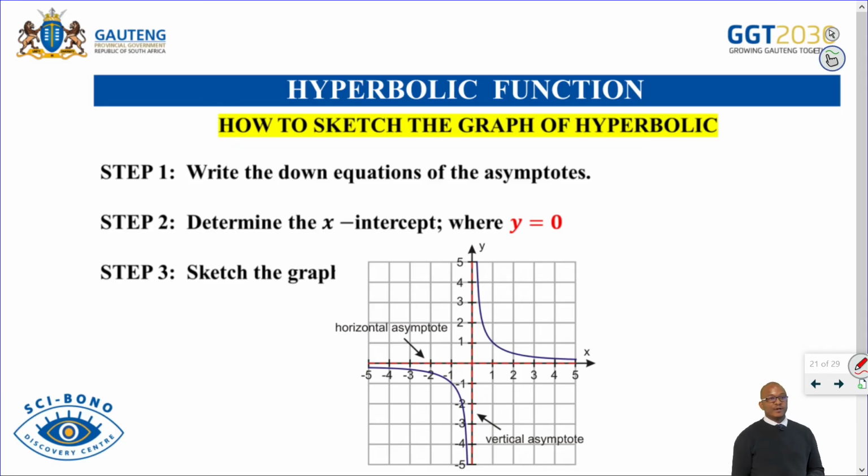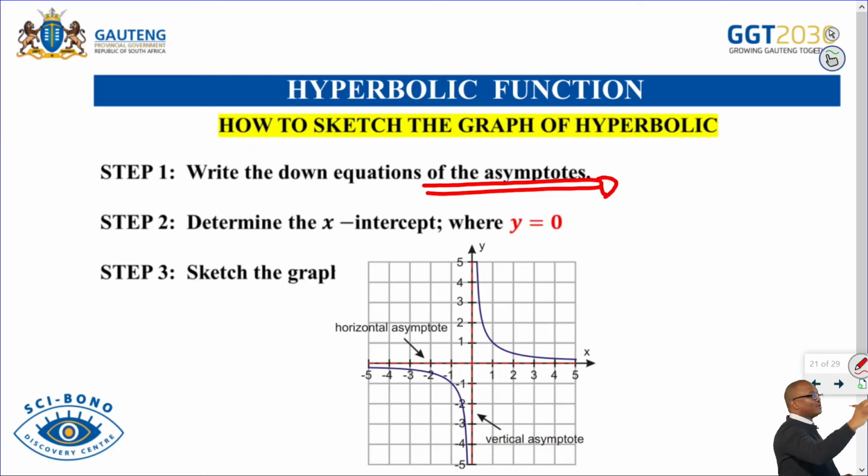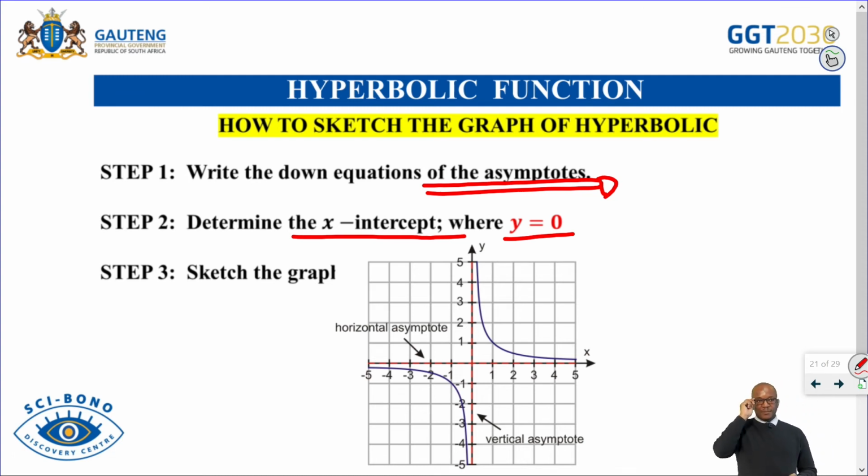So remember, we're saying how to sketch the graph of a hyperbola. The first thing that you need to know is to write down the equation of the asymptotes. And then now, the second step, we have to determine the x-intercept where y is equal to 0. Correct. Remember, in this type of function, hyperbola, in technical mathematics, the graph is only affected by the y-asymptotes moving up and down.